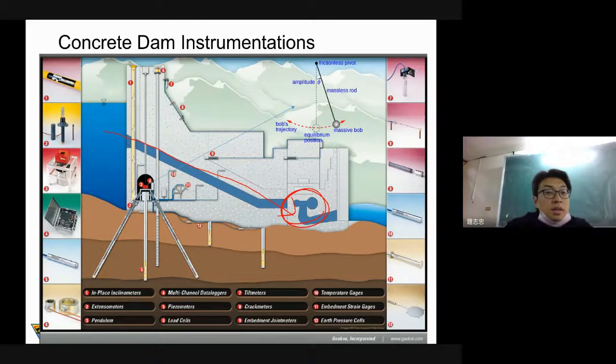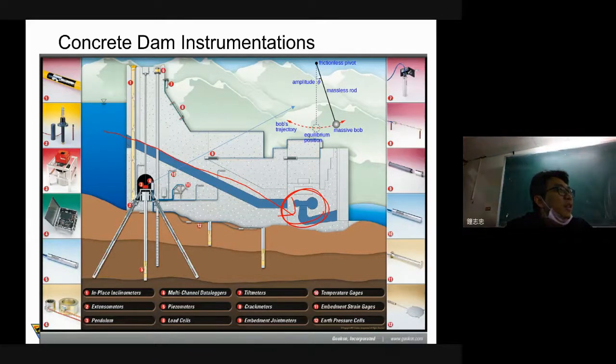So based on your lessons in school, what kind of failure mode can occur for this kind of concrete dam or gravity dam? Liquefaction. Liquefaction, you mean the stability of the foundation? That is a good viewpoint.